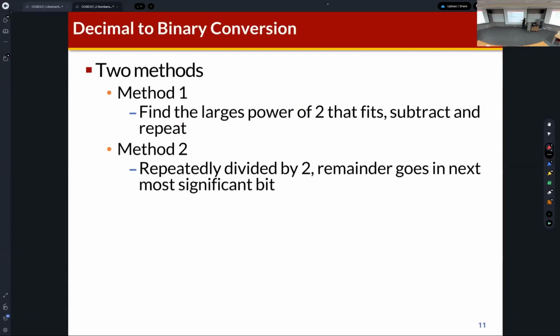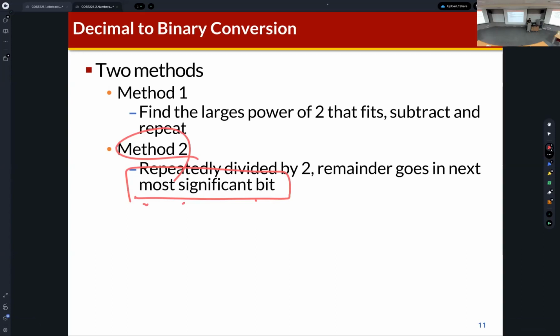Method 1 is to find the largest power of 2 that fits, subtract, and then repeat. But method 2 is more convenient: repeatedly divide by 2, and the remainder goes to the next most significant bit. So you need to understand this terminology, most significant bit.